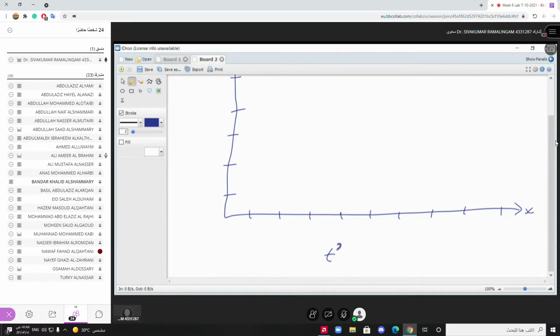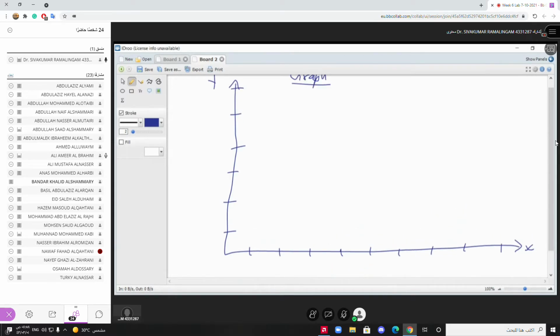Here, t square, second square is the unit you are going to take along the x-axis. Along the y-axis, what quantity you are going to take here? x2 minus x1, centimeter is the unit I'm going to take here.